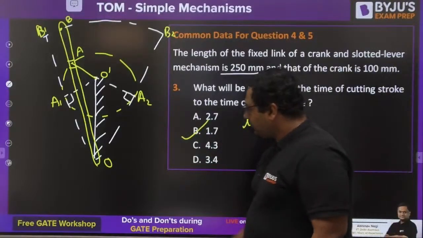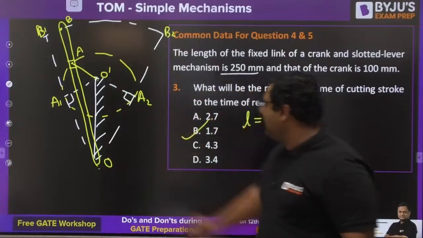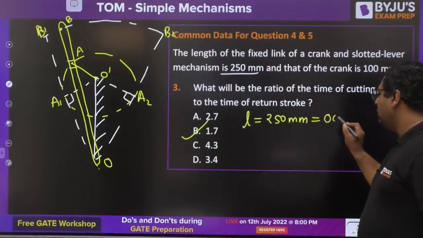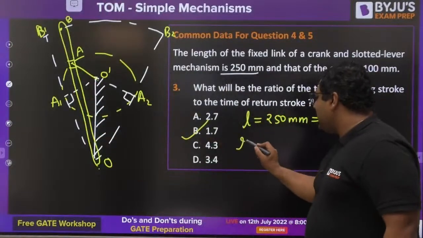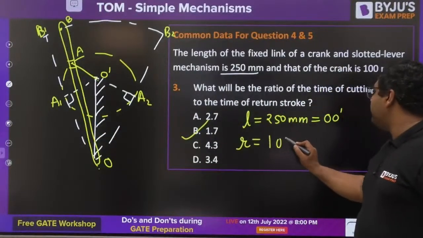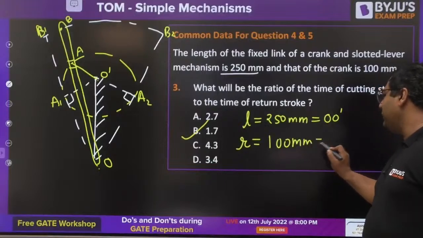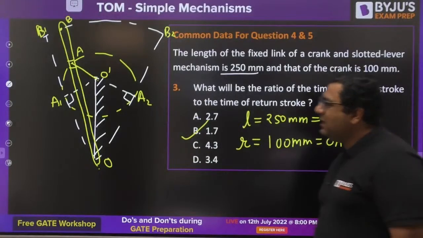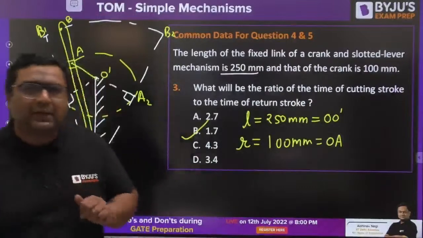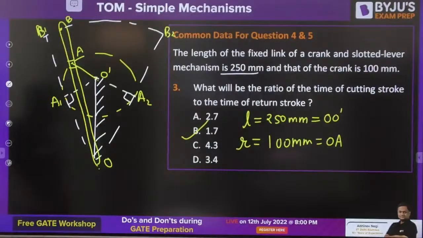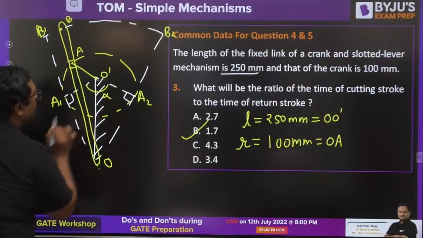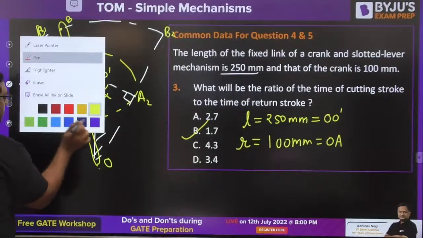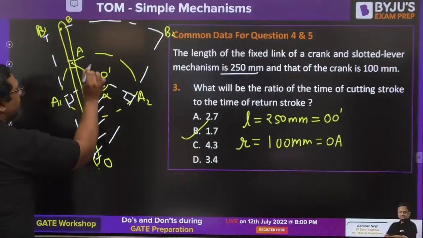You know, this OO dash is the length of the connecting rod. The crank is this OA. This is R, which is 100 mm. So this is said to be OA. So my dear, whenever this motion is going to happen, very good, Jishnu, bahut badhiya, Bhanu. I told you guys this angle is alpha actually, and this angle is going to be beta.